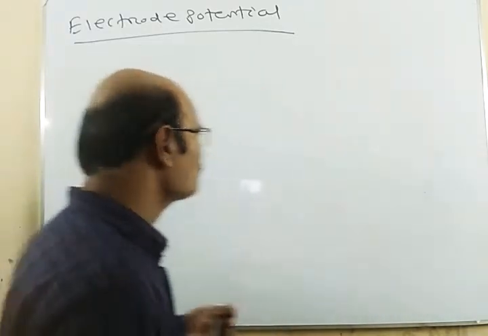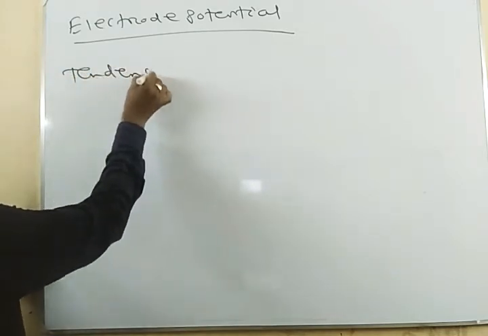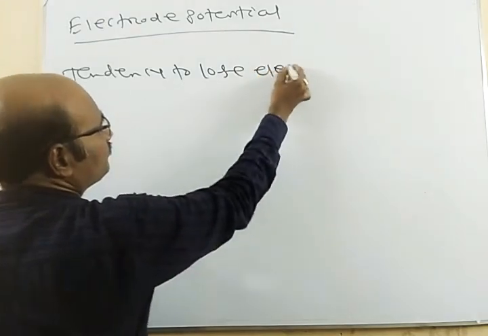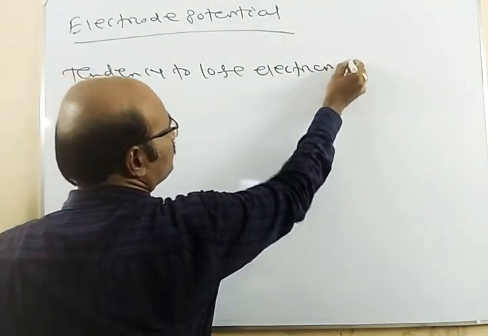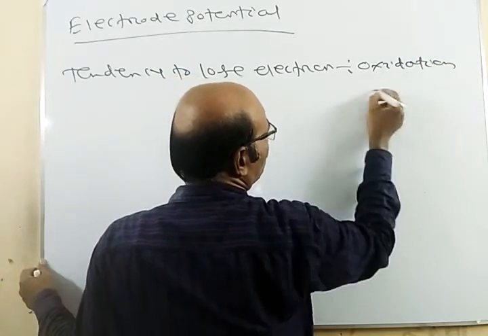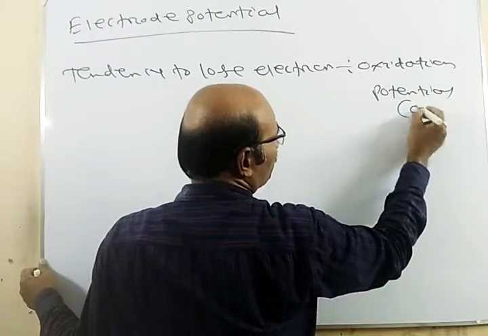The tendency to lose electrons is the oxidation potential, OP.